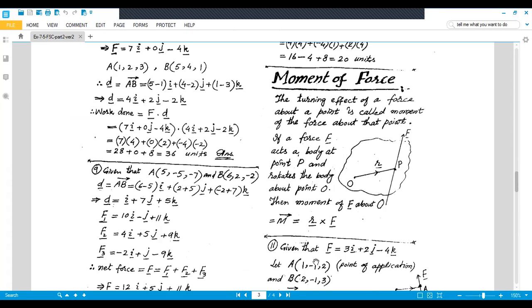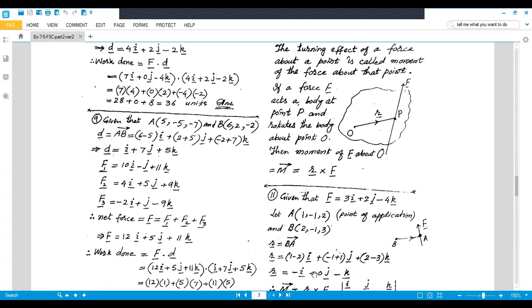So in question 11, F is 3i plus 2j minus 4k, and AB is given. We have to find the moment of the force about the point B. So A and B are given. So first we find R by BA.